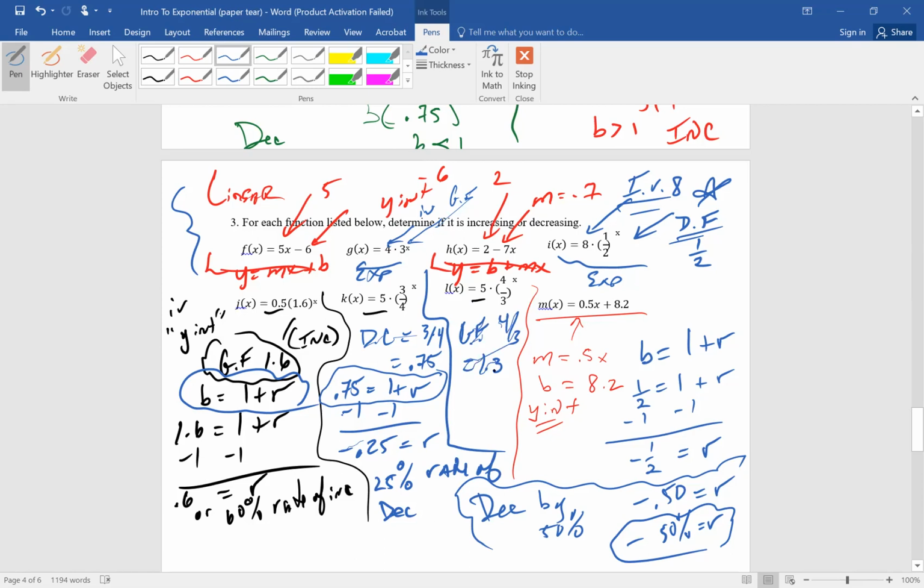Sorry. Let me rewrite that. So the growth factor, 1.33, and 1.33 equals 1 plus r, minus 1. And again, you might be able to see some of this sometimes. So minus 1.